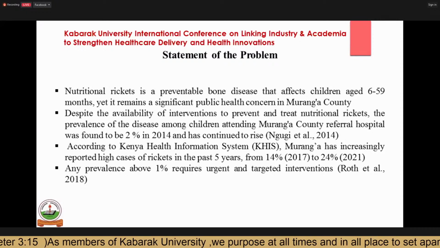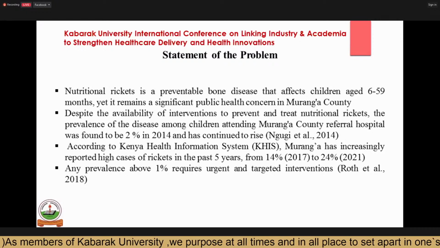Nutrition. The difference among hospitals is very high.